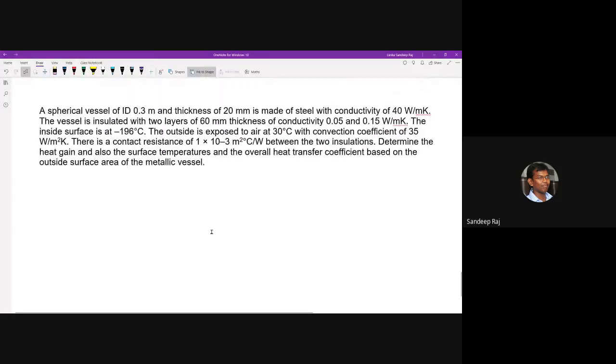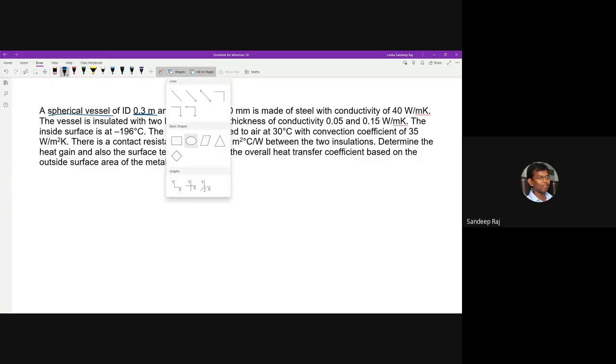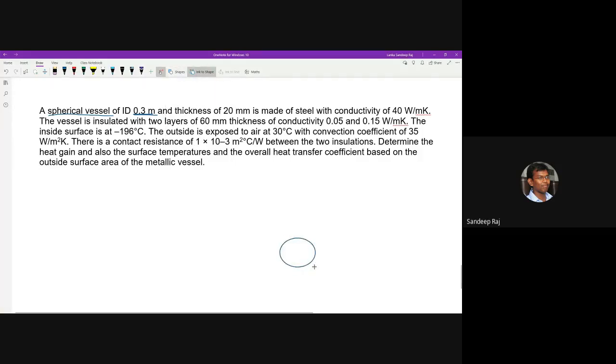What is given in this question is a spherical vessel, and it has so and so diameter. I have to draw a spherical vessel here. It's like this.